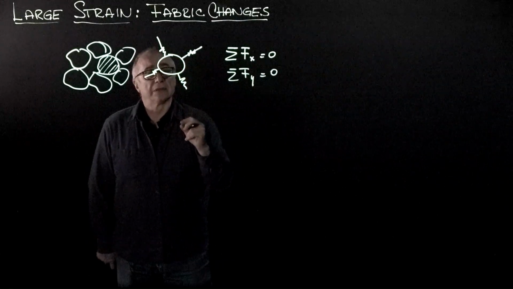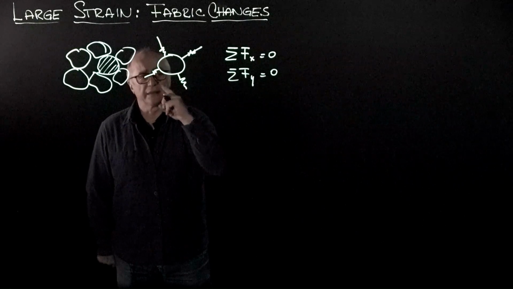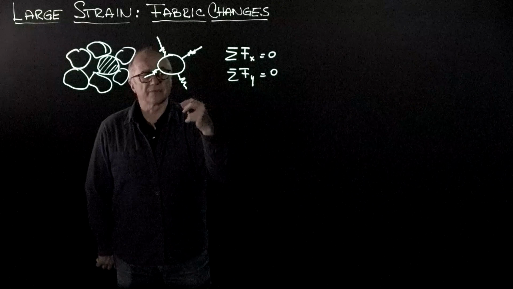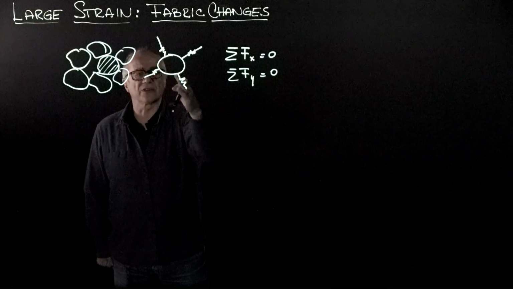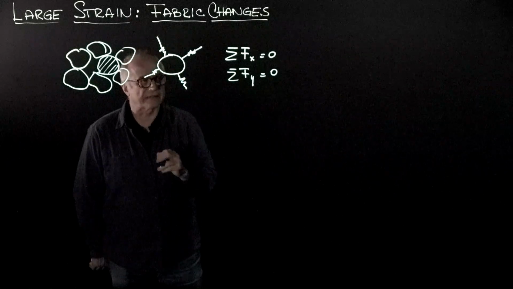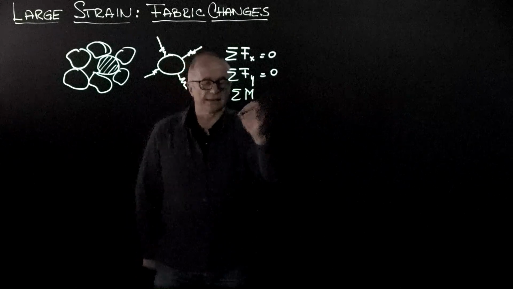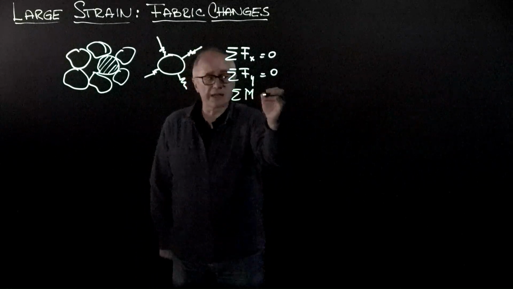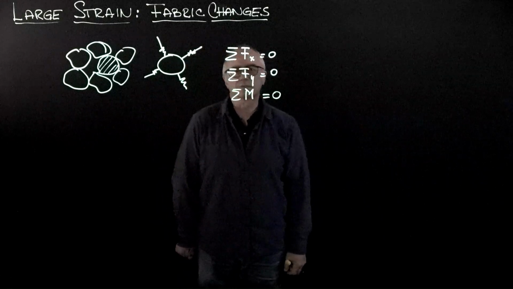Furthermore, these forces are not only normal and going through the center, in the case of a sphere, but they will also be forces at angles. So don't think of these springs going towards the center. There will also be a summation of moments in this case, that will have to be equal to 0 for the system to be in equilibrium.